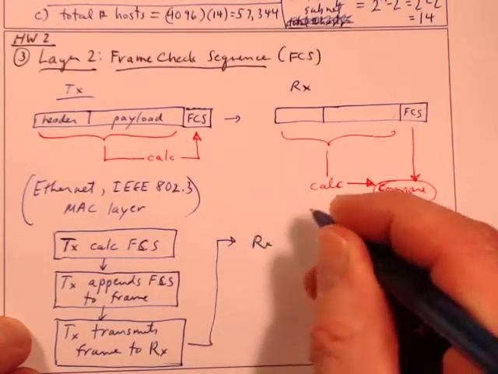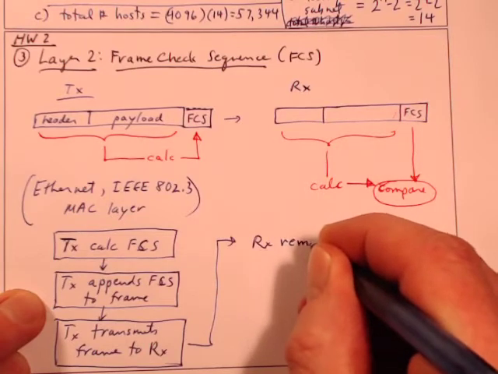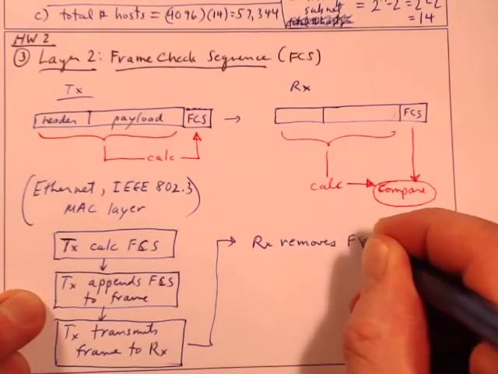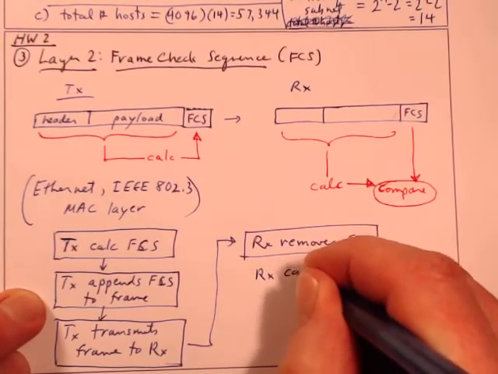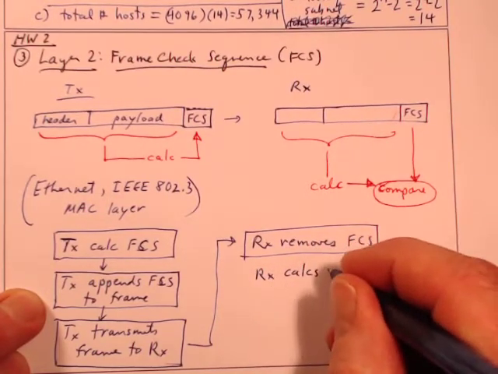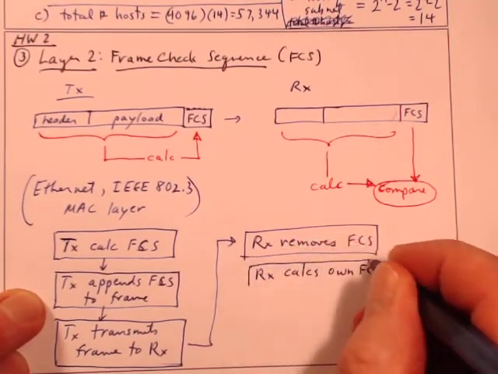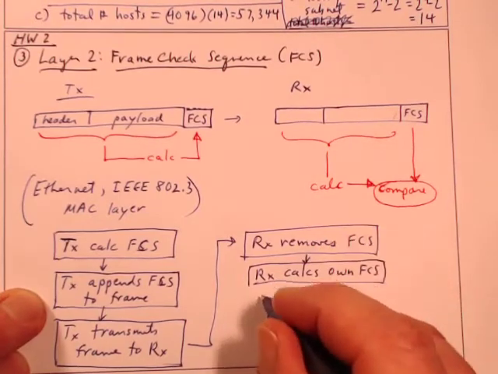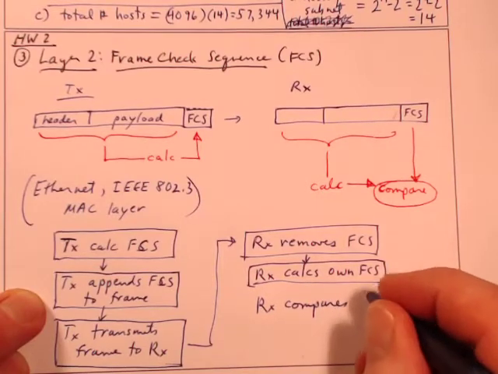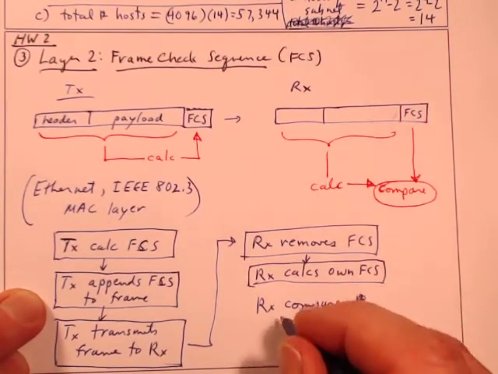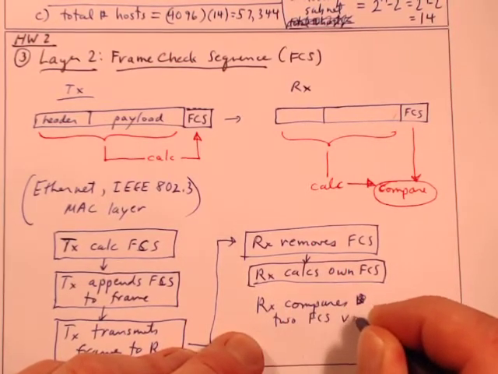The receiver strips off the FCS, or removes the FCS. The receiver calculates its own FCS, and then the receiver compares the received FCS and the calculated FCS, the two FCS values.